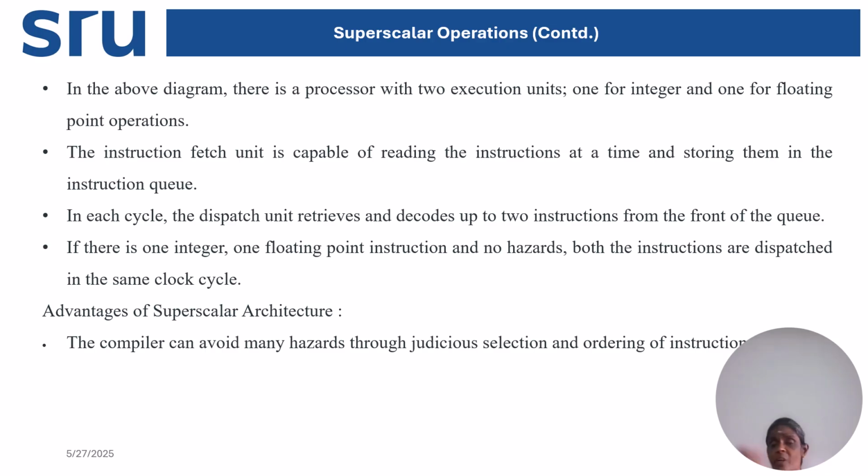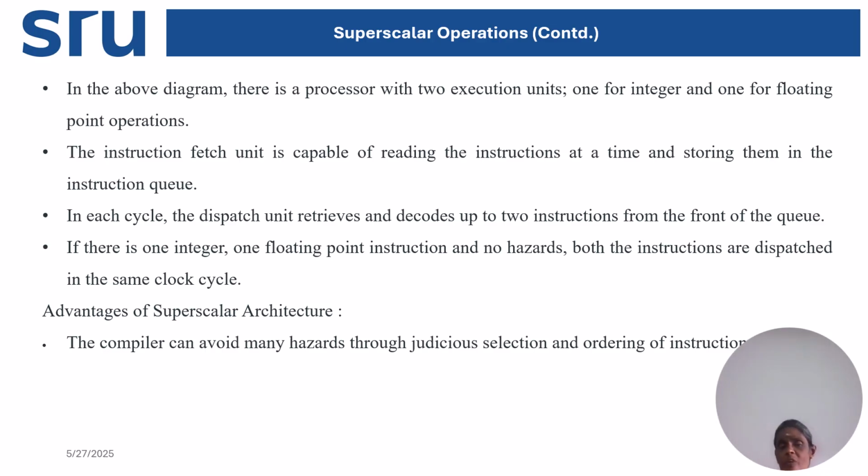Then we may say there is no instruction hazard and no data hazard, so we can expect smooth operation. At that time, the dispatch unit will do two operations in one clock cycle: number one, floating point, number two, integer.